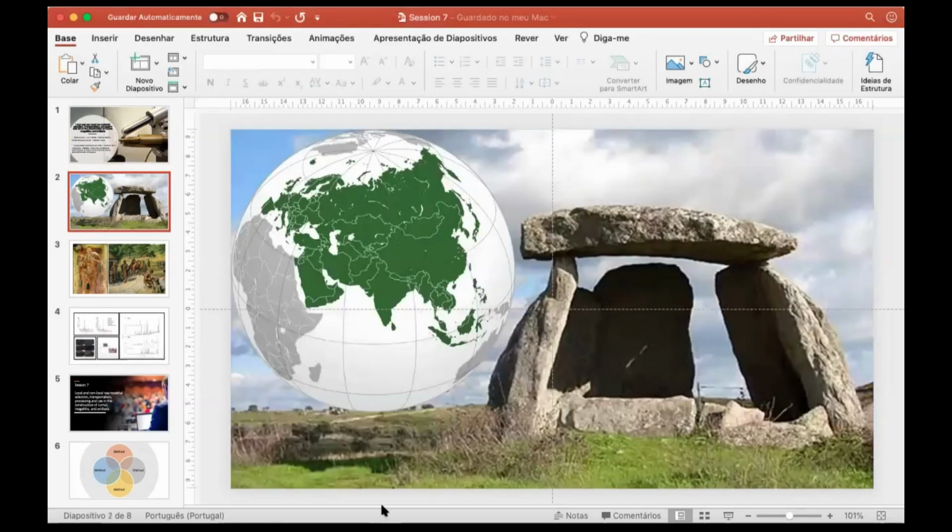Tumuli and megaliths, with circular hilly shapes, often standing out in the landscape, were a reality widespread across Eurasia during pre- and protohistoric times.